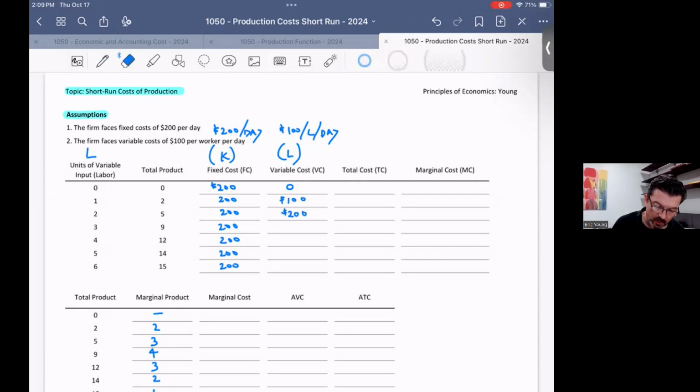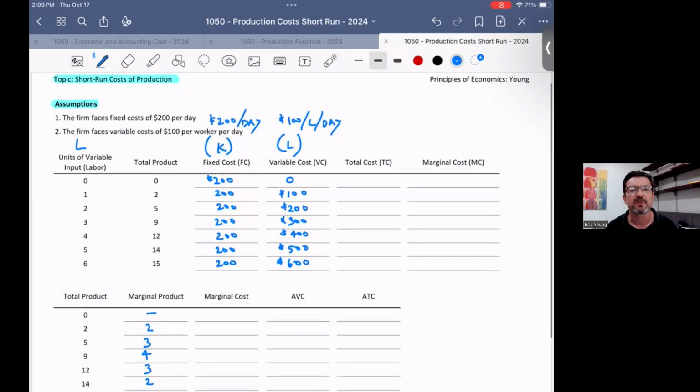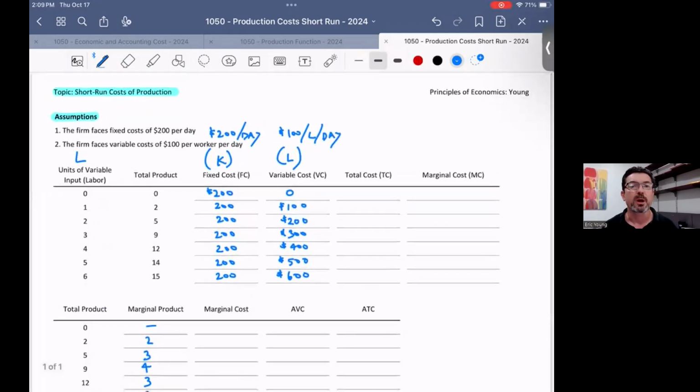We can take this all the way down, and by multiplying the number of workers that we hire times $100, we would get our variable costs, which should say 400, 500, and 600. So those are our variable costs. So now we've gotten a good start on this. We've broken our cost into fixed and identified that, and into variable and identified that.